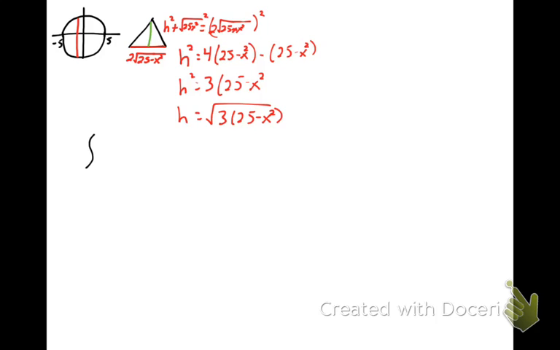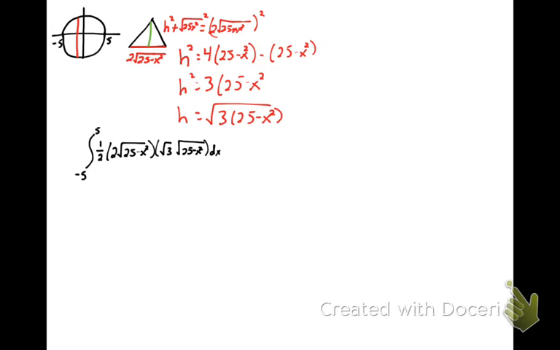Our triangles in terms of x go from negative 5 to 5, and the area of an equilateral triangle is 1/2 the base, which we said is 2 times the square root of 25 minus x squared, times the height, which we said is the square root of 3 times the square root of 25 minus x squared, dx.